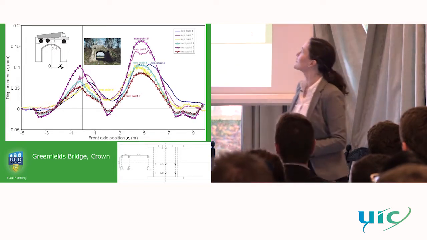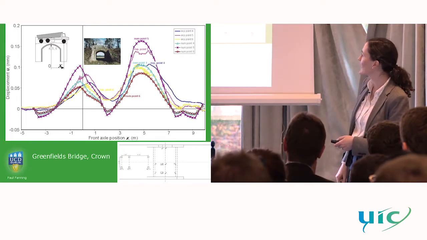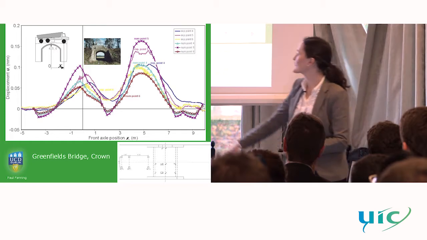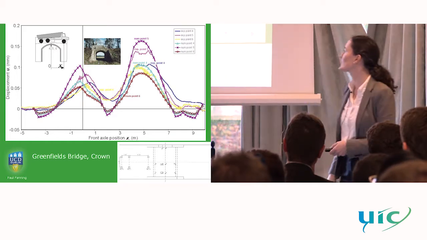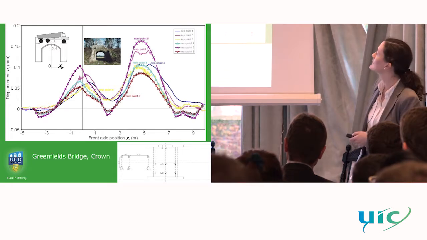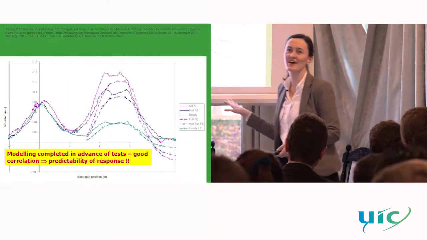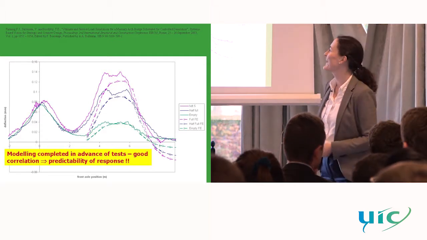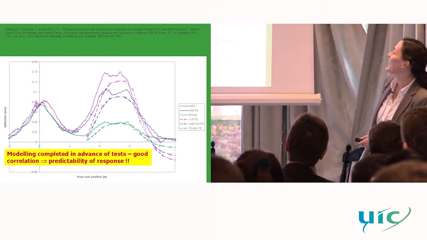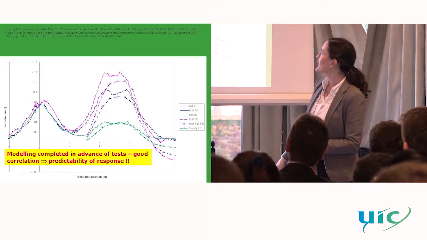The lines with the markers are our FE model, and you can see that it correlates quite nicely when you're looking at the crown quite close to the center line. These are the predictions that were undertaken before the tests were actually carried out, and you can see that they match up generally quite nicely.